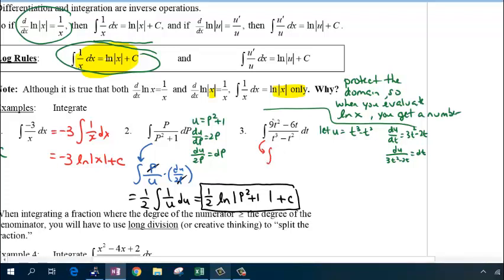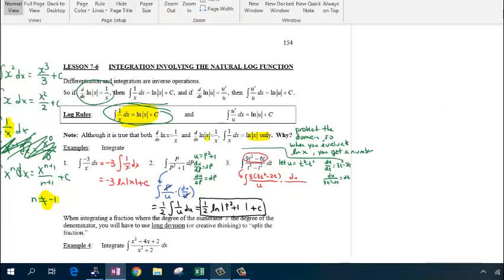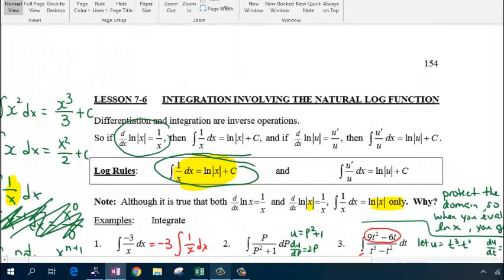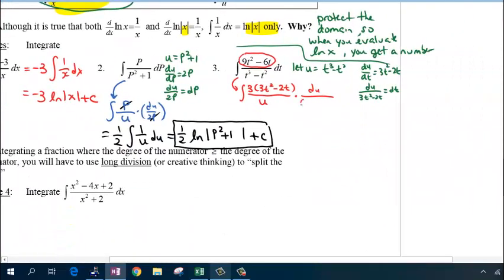I see a factor of 3 I'm going to take out of here too. I hope you're not waiting for me to do this.